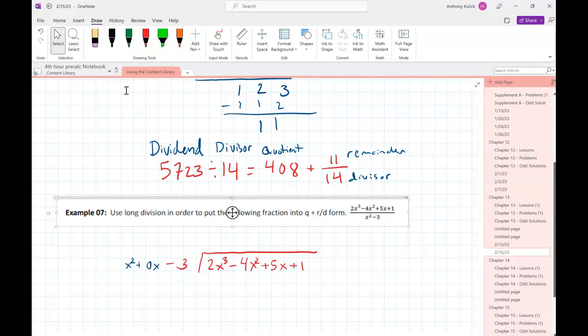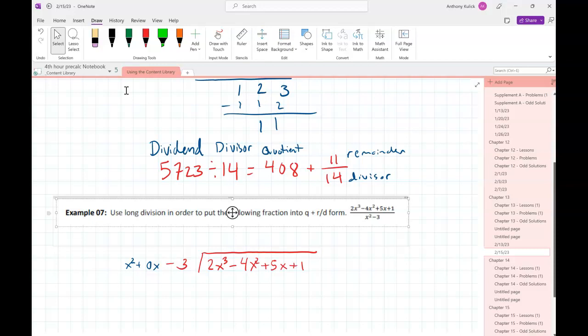What's going to happen if you don't, though? The like terms aren't going to line up automatically for you, and it's going to make it very easy to make a silly mistake like adding x squareds and x cubeds. We don't want to do that. My recommendation is anytime you have a skipped term, make sure you write the 0 in.